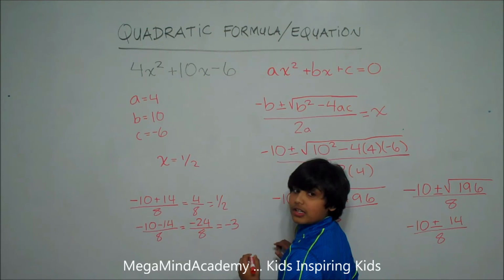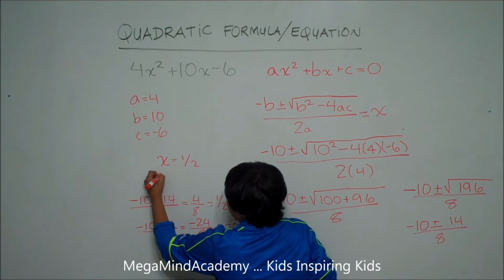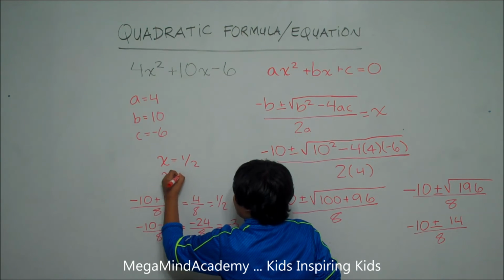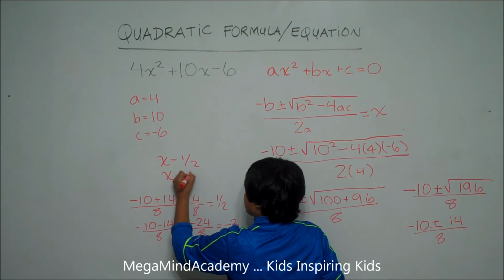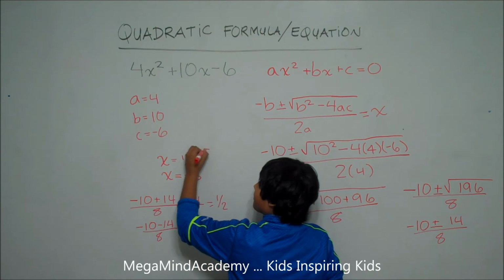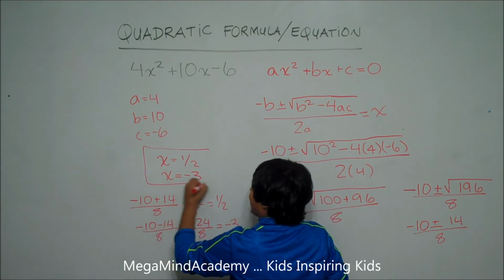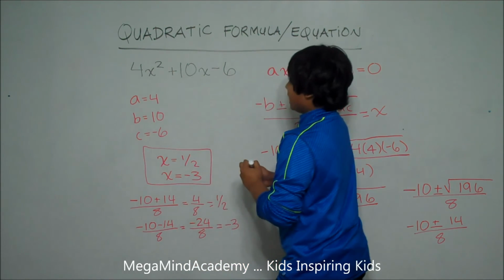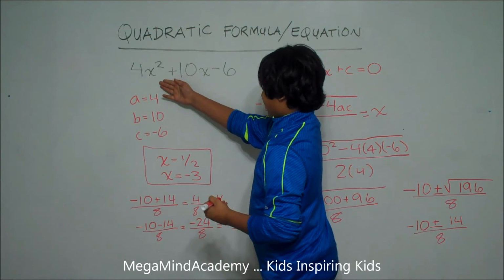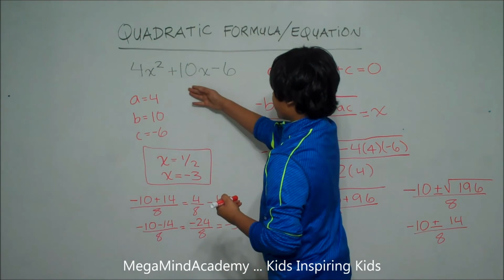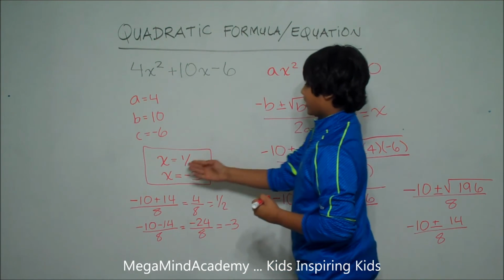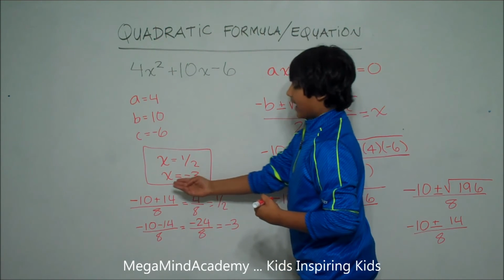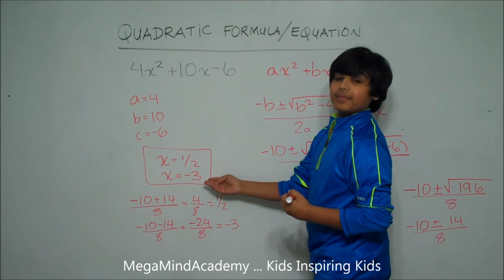So we have found our second x. So x is equal to negative 3. We have found both the x's in this quadratic equation. So the answer to this equation is x is equal to half and x is equal to negative 3.